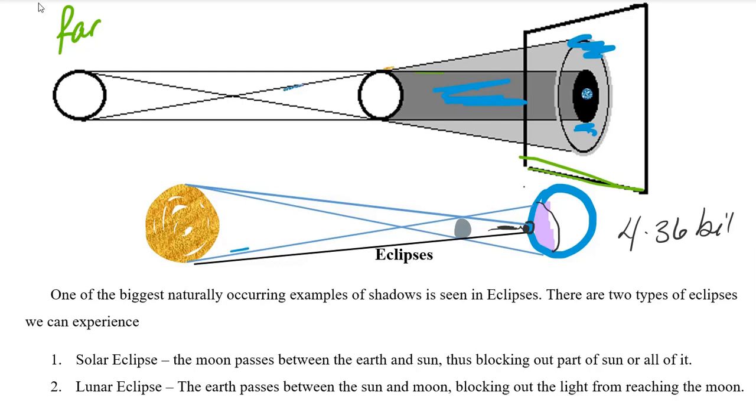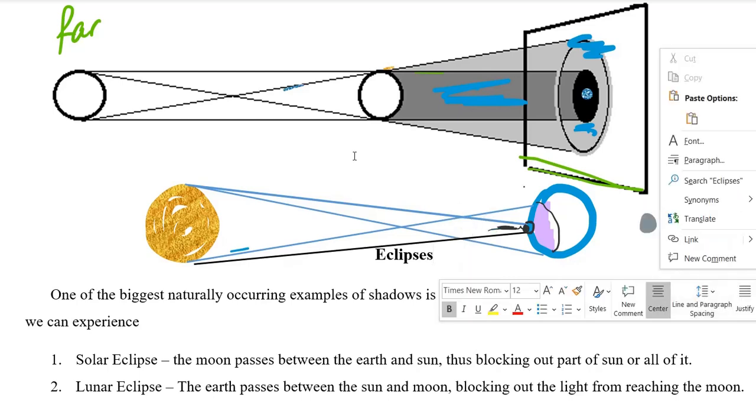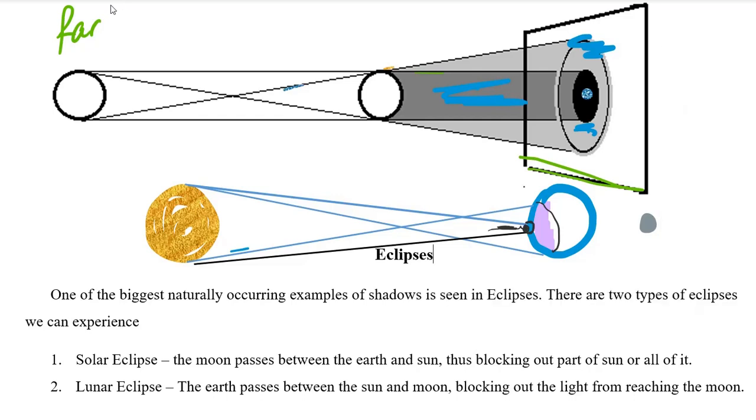And when we have a lunar eclipse, it's a little different because the moon is now behind the Earth and it's going to get blocked out by the Earth. So the Earth is going to block the light reaching the moon.